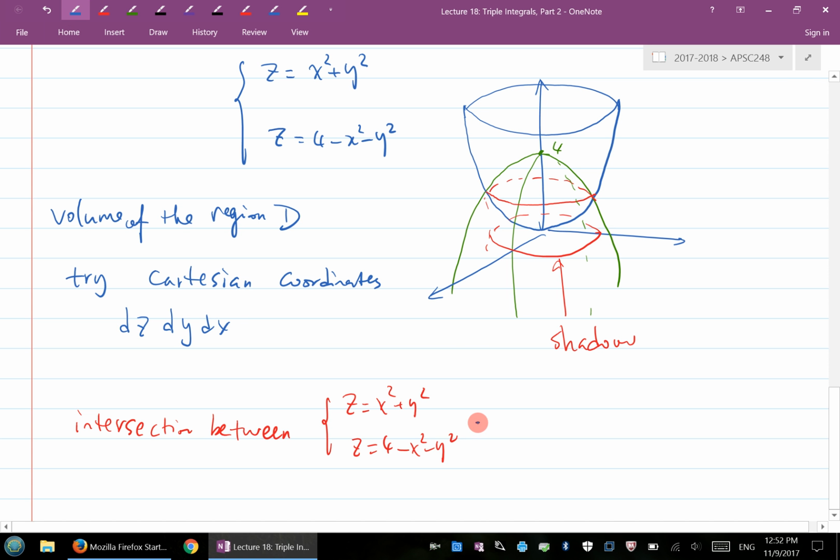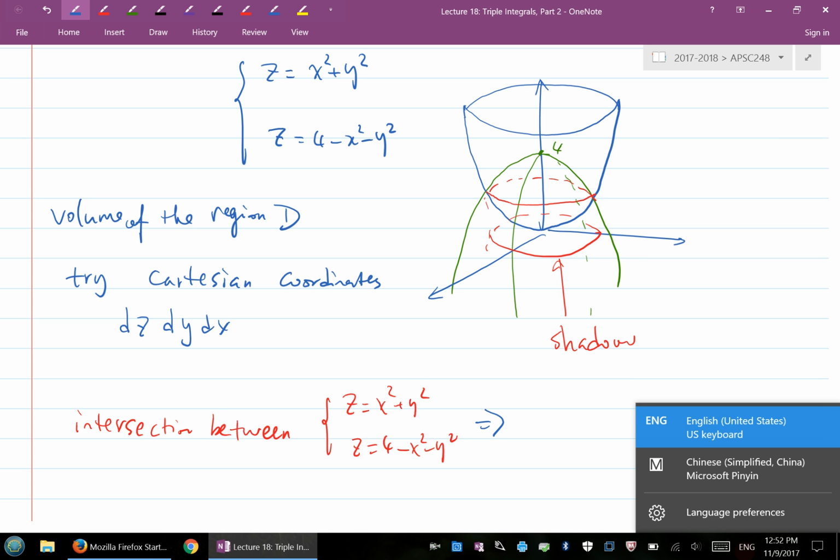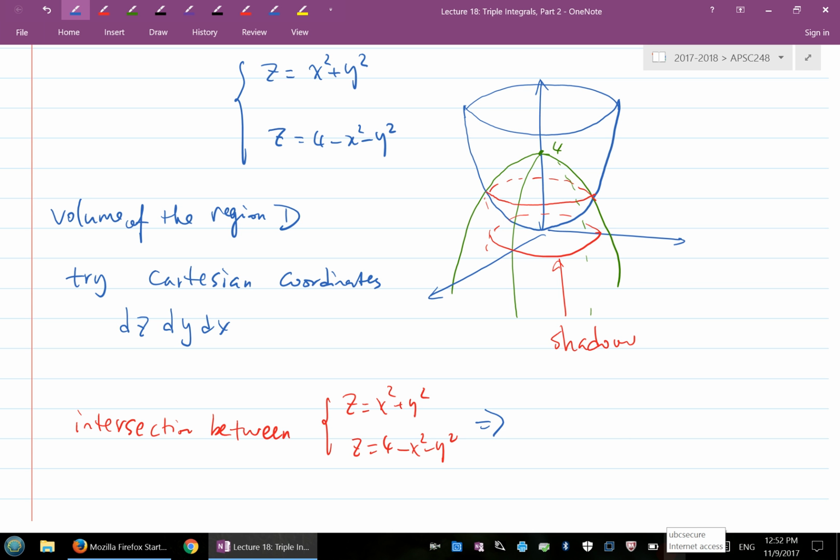So how do we get the intersection curve? Intersection basically means that at that location the z value is the same for both surfaces. So all you need to do is substitute the first z into the second z.